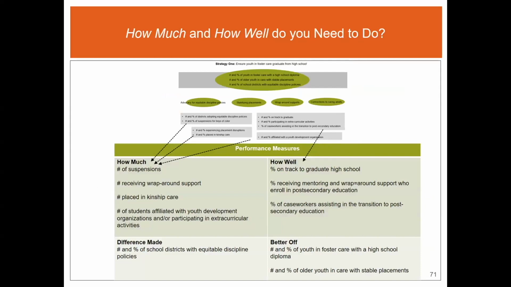Are we doing it in a way that we actually think it will lead to the difference made we need to see? And in the end, are we seeing a sub-part of our whole population better off, in this case, youth in foster care?